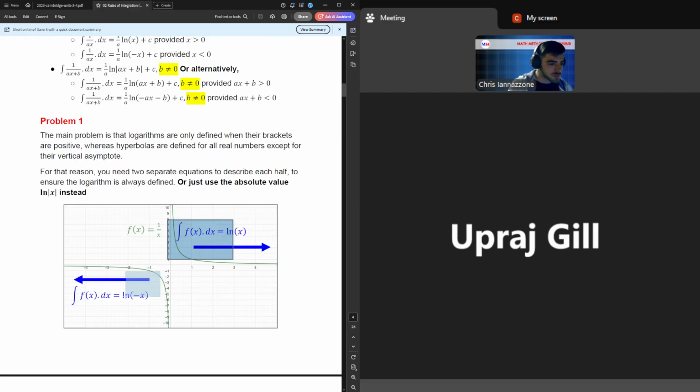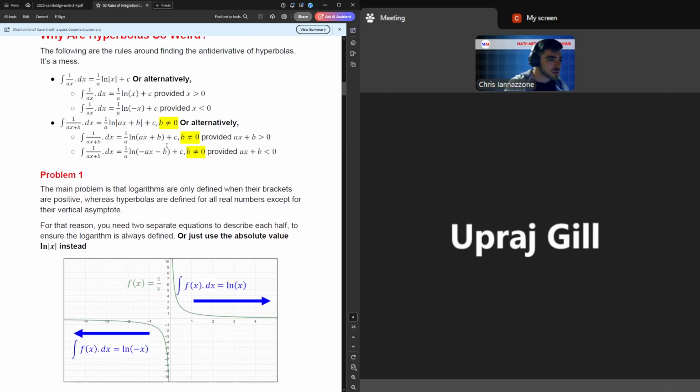The reason why that's a problem is because hyperbolas are defined for all real, whereas logarithms are defined for only positive in the brackets. So if you were to try and do your integration, you would have to either create two separate antidiffs to describe both sides, or you would have to use this absolute value sign, which just means instead of curved brackets, you do straight line brackets.